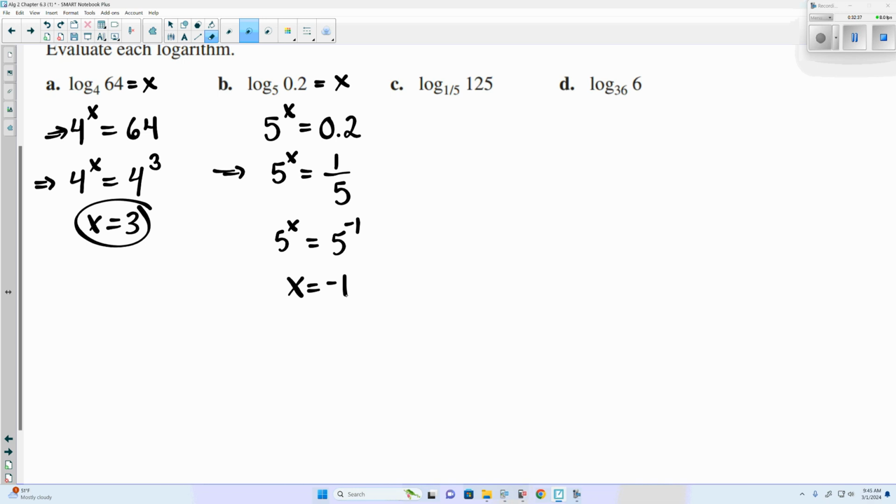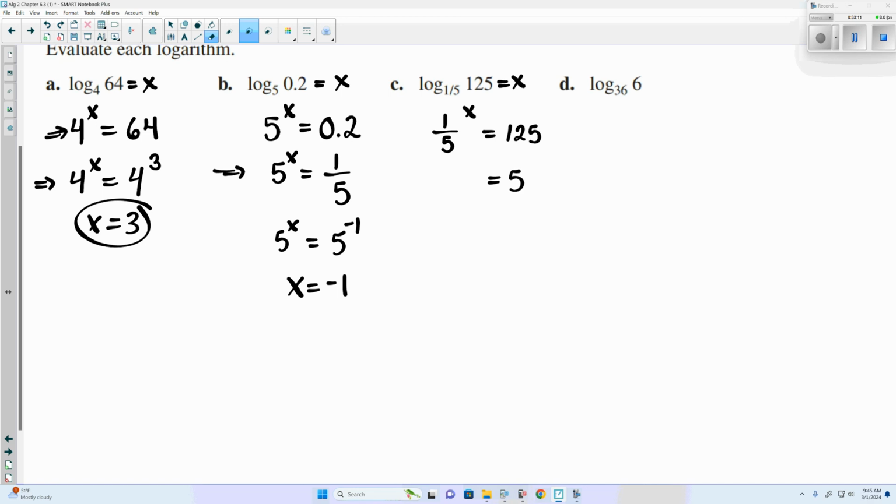All right, let's look at the next one. Log base 1/5 of 125 is equal to x. Exponential form would be 1/5 to the x equals 125. Because here we're going to have to do some changing. It'd be nice to write 125 as a 5.